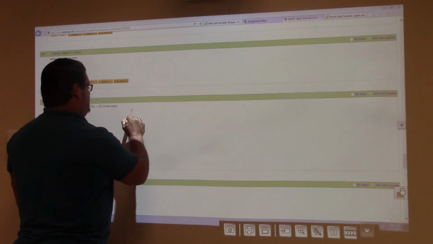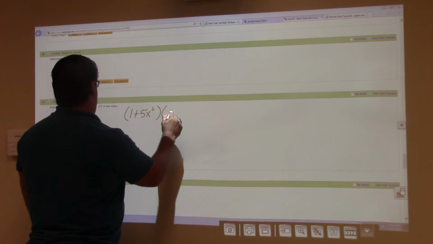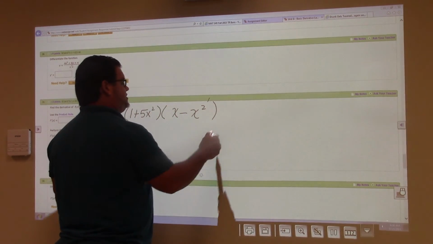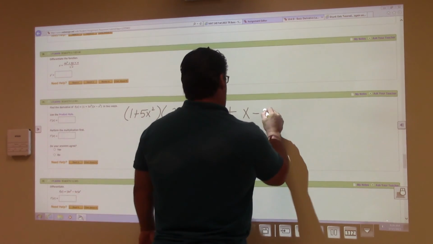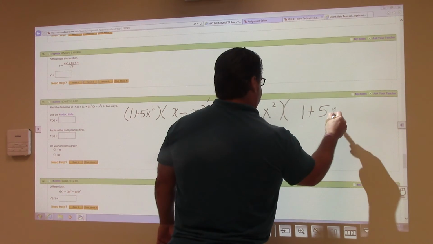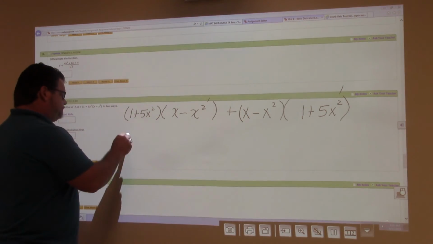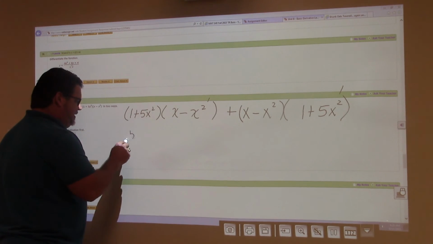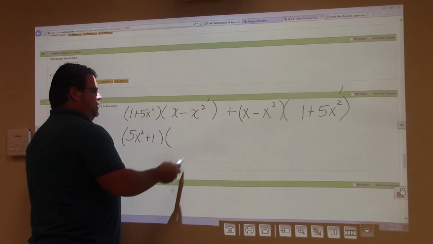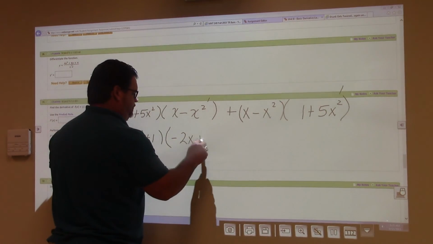So first times the derivative of the second, plus the second times the derivative of the first. I'm going to rewrite this. 5x squared plus 1 minus 2x plus what?